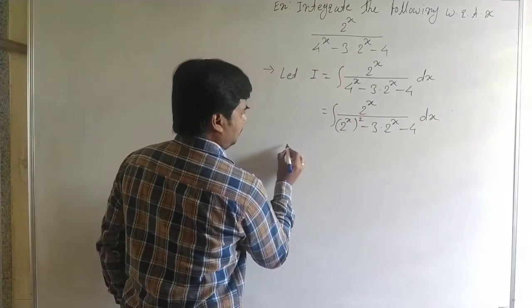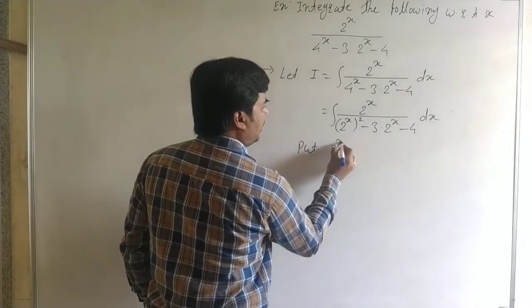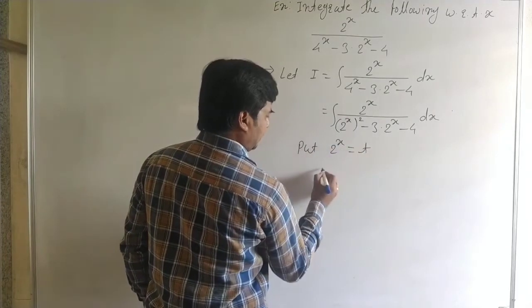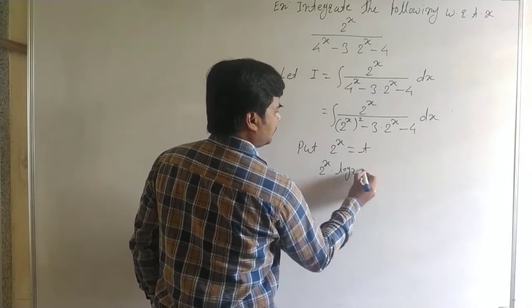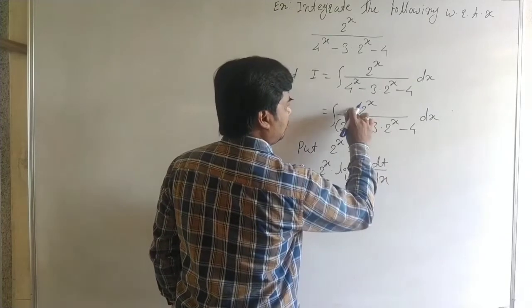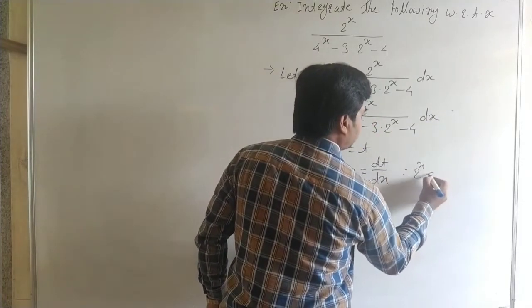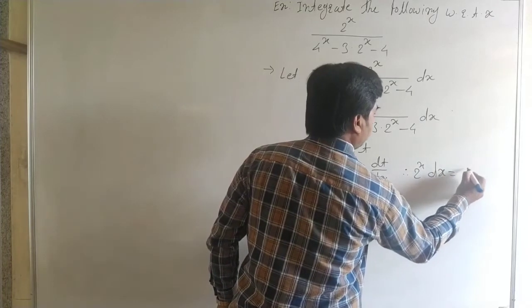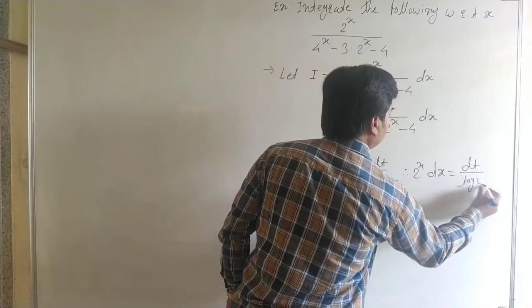Now here we put 2 to the power x is equal to t, and therefore 2 to the power x into log 2 is equal to dt by dx. But here we have 2 to the power x dx, so we can write 2 to the power x dx is equal to dt upon log 2.